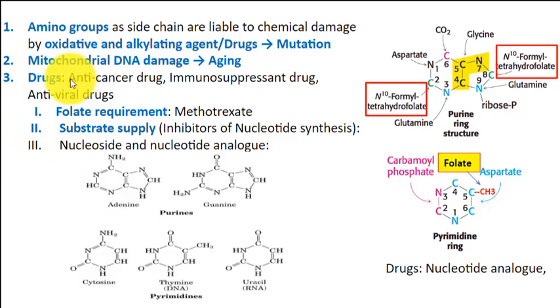Now in pharmacology we'll study many drugs, such as anti-cancer drugs, immunosuppressant drugs, and some antiviral drugs. They are related somehow to base synthesis or nucleotide synthesis. One very important concept you have to realize is that these bases are being synthesized for DNA and RNA synthesis in dividing cells. Where are dividing cells present?